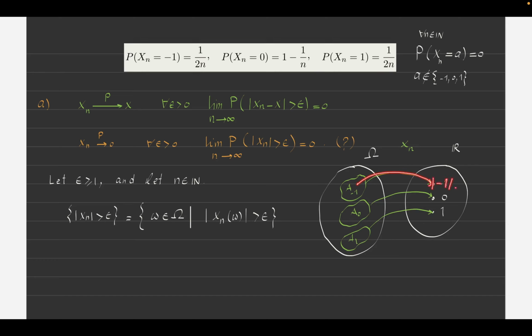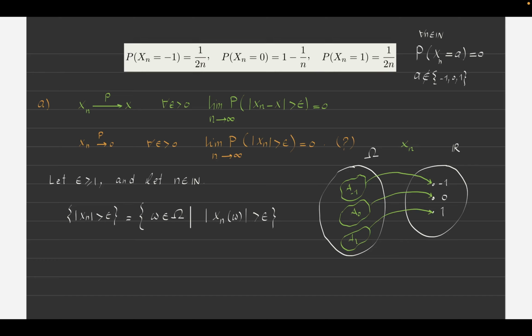The absolute value of -1 is 1. 1 cannot be greater than epsilon here, because the minimum value of epsilon is 1. For the same reason, omega cannot be here, and for the same reason, omega cannot be here. But omega might be somewhere else, okay? We don't know.